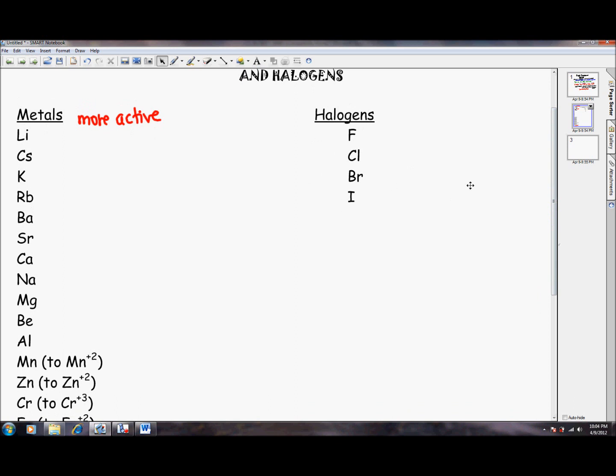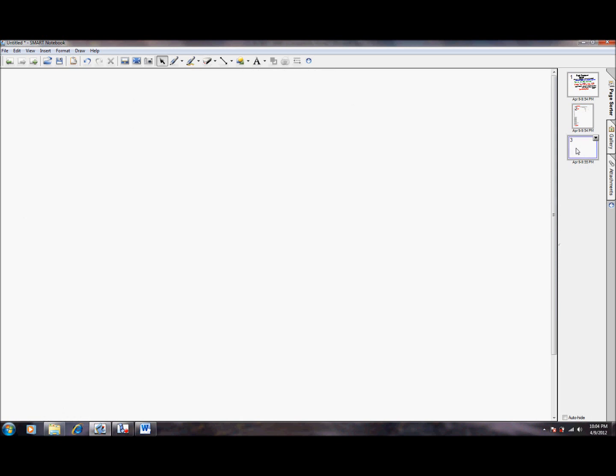So let's look at some examples of how we actually use the activity series to predict the products of a single displacement reaction. When you have single displacement reactions, you get the two reactants.